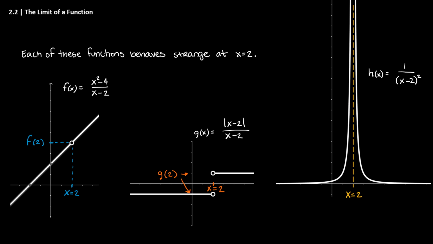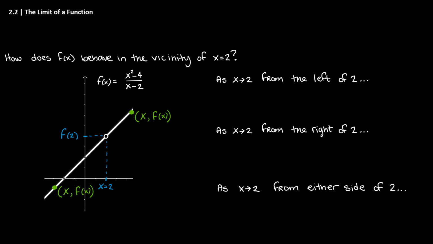Let's take a look at each one of these functions individually and understand a little bit better what we can say about what the function does, what the behavior looks like right before it hits this strange point on the graph. For the function f of x, we could imagine a point on the function that we can slide around.